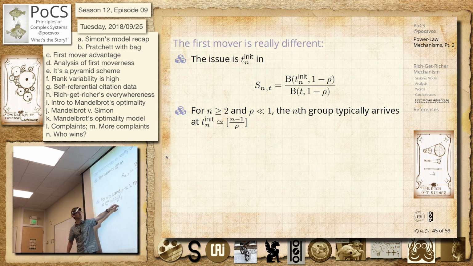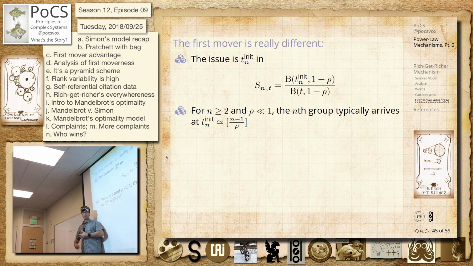So the second group typically, 2 minus 1 divided by rho, is 1 divided by rho. That's the typical time that it would take a coin to succeed if its probability rho is success. And then 2 times that will get you to the third one. So we can just estimate that roughly.